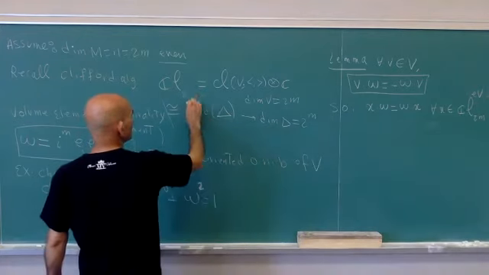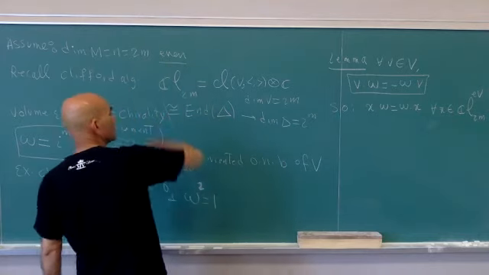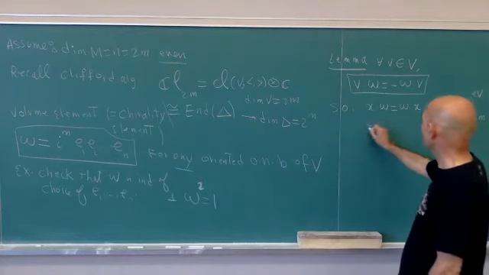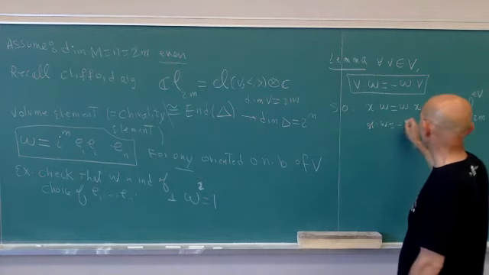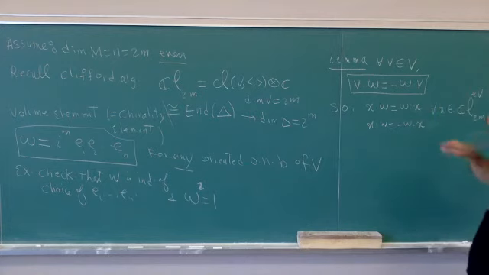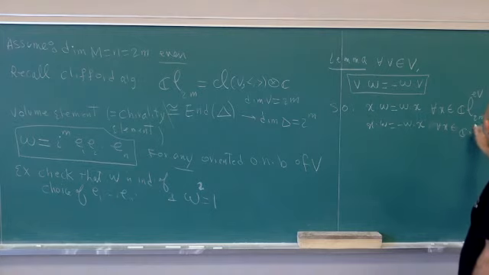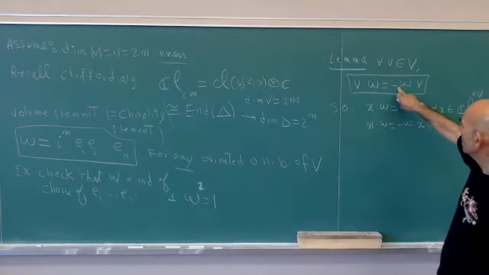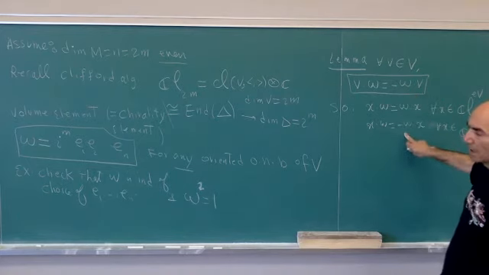I'm sorry. It should be 2n. I don't want to change notation all the time. This is 2n. And x times omega equals minus omega times x for all x belonging to the odd part of the Clifford algebra.